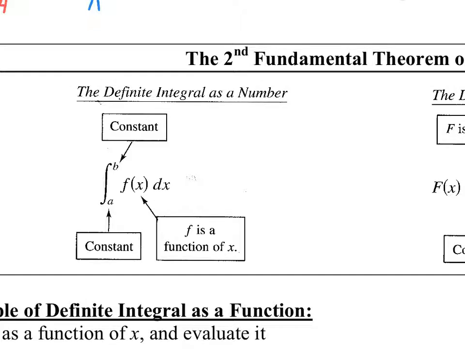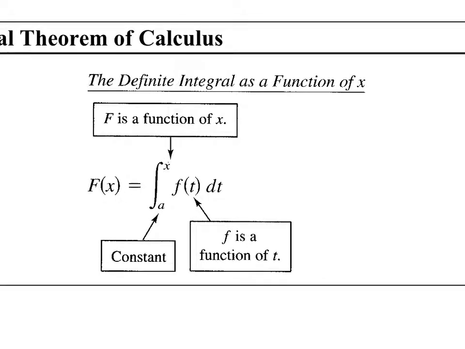However, we can also use definite integrals to change the variable that we're using. Watch this. Here, we have a function of t, and we're taking the integral of f of t dt. However, notice we're taking the integral from the constant a to the variable x.